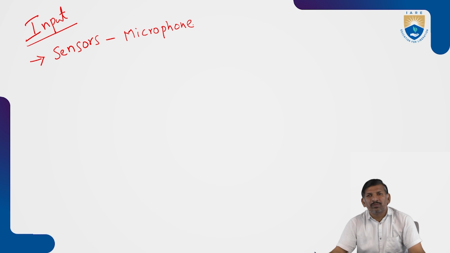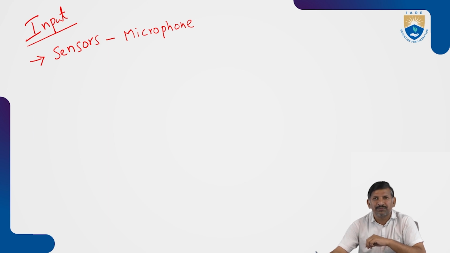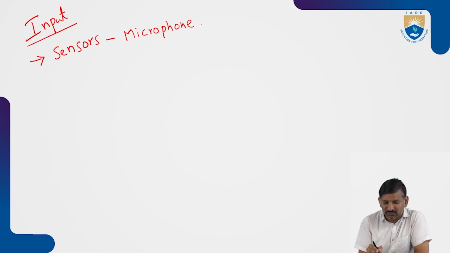Based on the pressure applied on the vocal cords, it will generate some sound signal. This sound signal is converted into the corresponding electronic signal. That is a microphone.